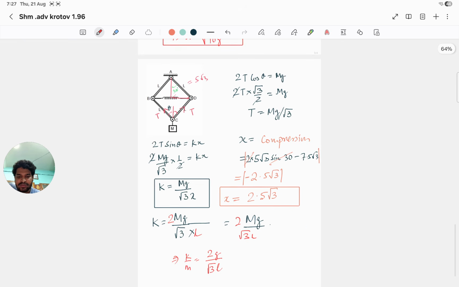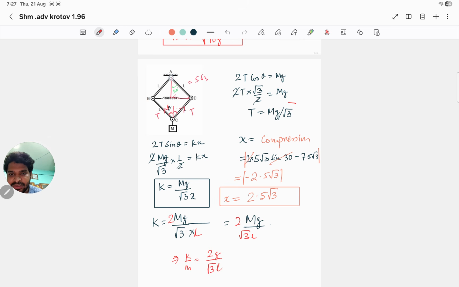For equilibrium, as the question is given, 2T cos theta, where T is the tension and this angle is theta. At equilibrium cos 30 is given, so T is equal to mg by root 3, and then 2T sin theta is equal to kx. In place of T you put mg by root 3, so k is equal to mg by root 3x.